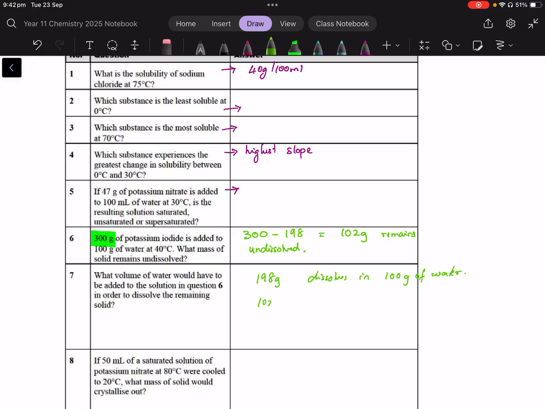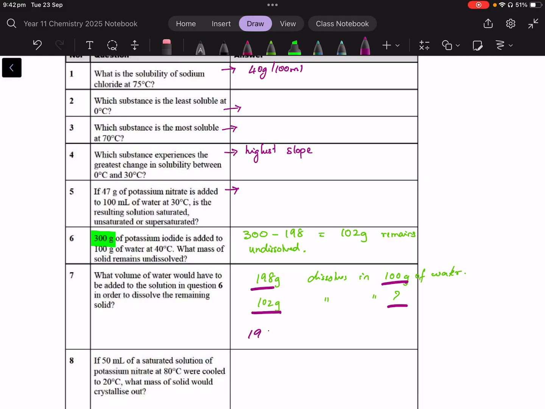So 102 grams will dissolve in how much? So then you can cross multiply, which is the trick that we're going to use all the time. So you're going to multiply that with that, and 198 with the, you can call it an X or a question mark.